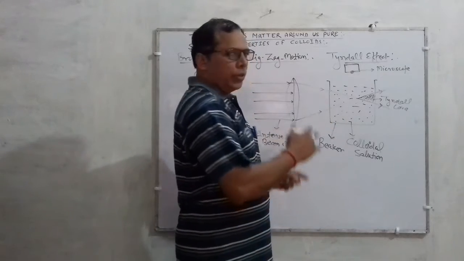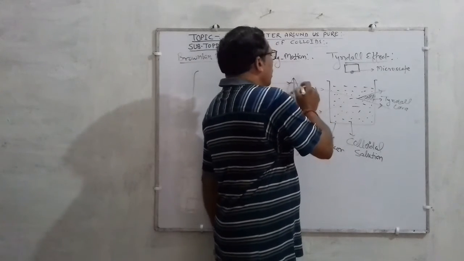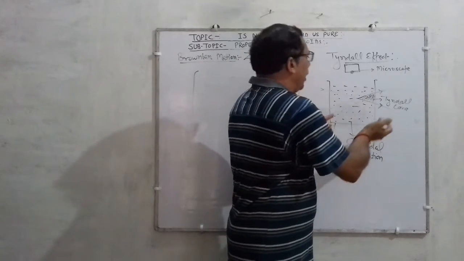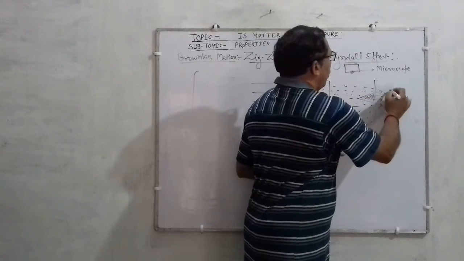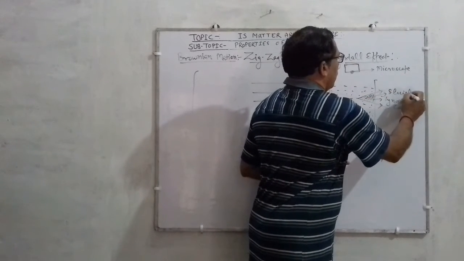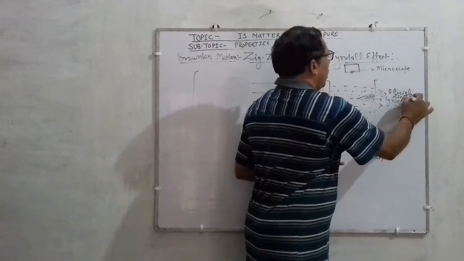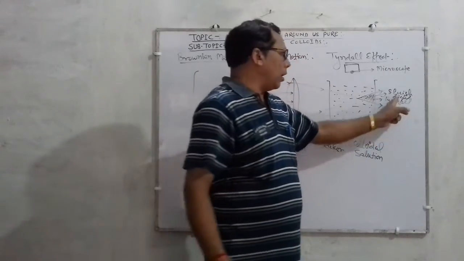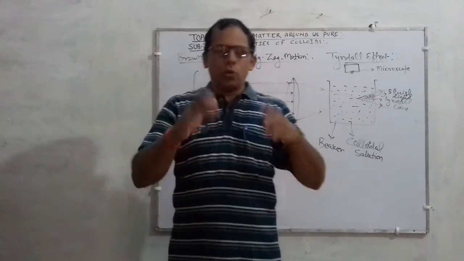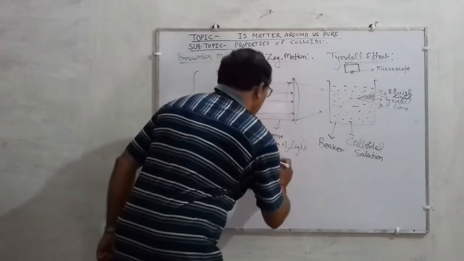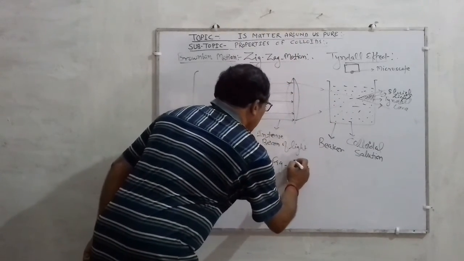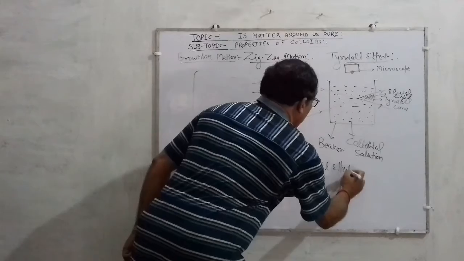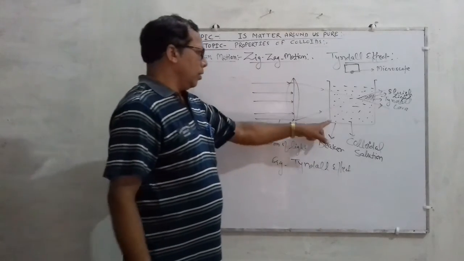Then due to scattering of light by colloidal particles, the path of the light beam gets illuminated with a bluish light and forms a cone, called a Tyndall cone, and the phenomenon is called Tyndall effect. So this figure clearly shows Tyndall effect. You have to remember what is happening here.